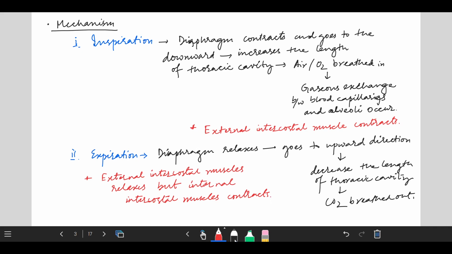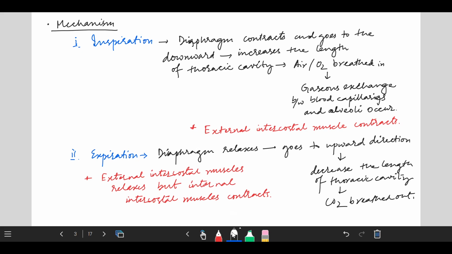It means during the inspiration process, only external intercostal muscle is involved, but during expiration or exhalation, external intercostal muscle and also internal intercostal muscles are present.